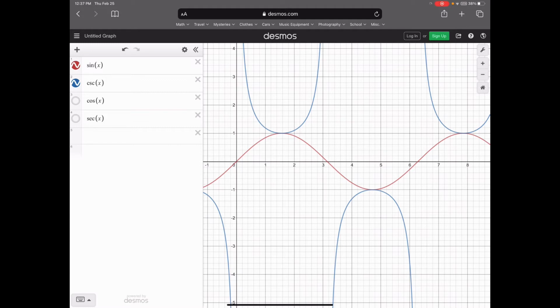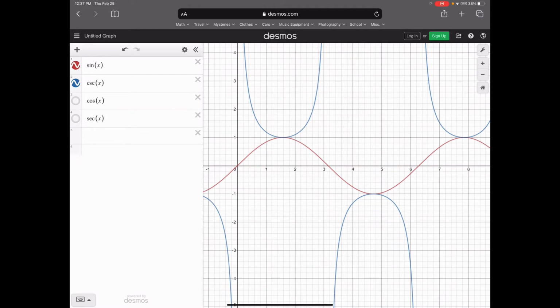Where it touches the peak and the lowest part of sine is at the value pi over 2. So you're going to have these lines that just touch at one place. So that would be sine and cosecant.